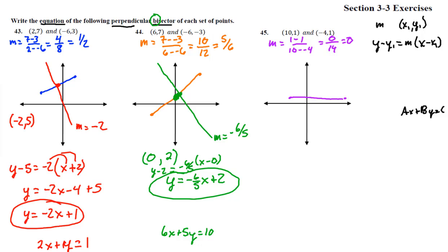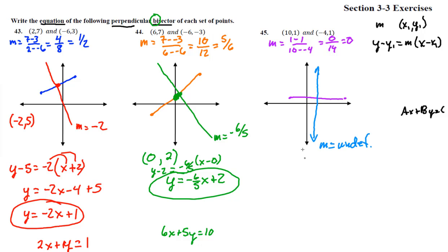So when we go perpendicular bisector, it's going to look like this. Not quite like that, but close enough. So the slope here is 0. What's perpendicular of 0? That's undefined.